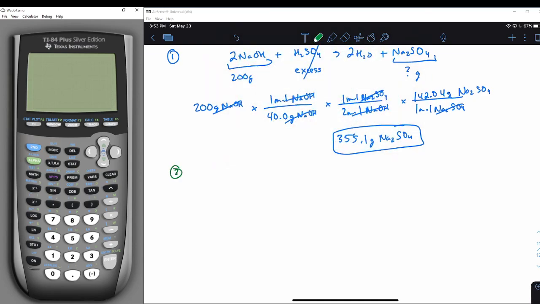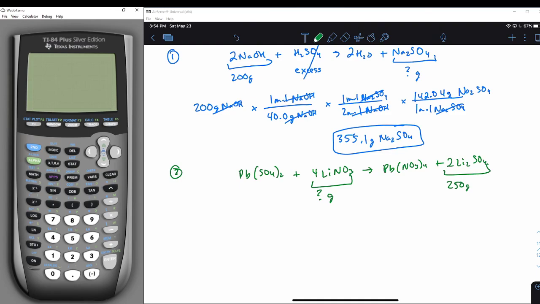Number 2. Okay. Given this equation of PbSO4 plus 4LiNO3 yields Pb(NO3)2 plus 2Li2SO4, it says how many grams of lithium nitrate are needed to react to make 250 grams of lithium sulfate.